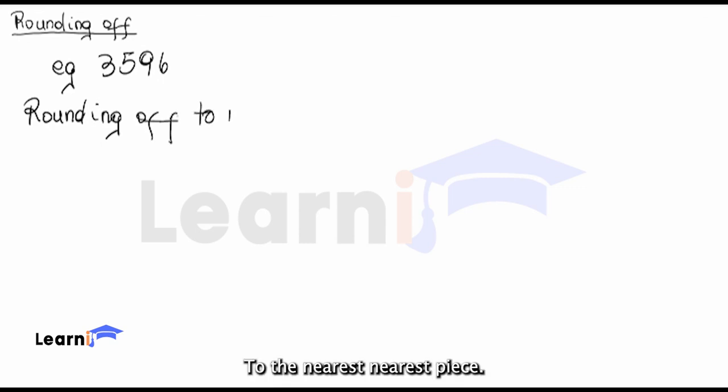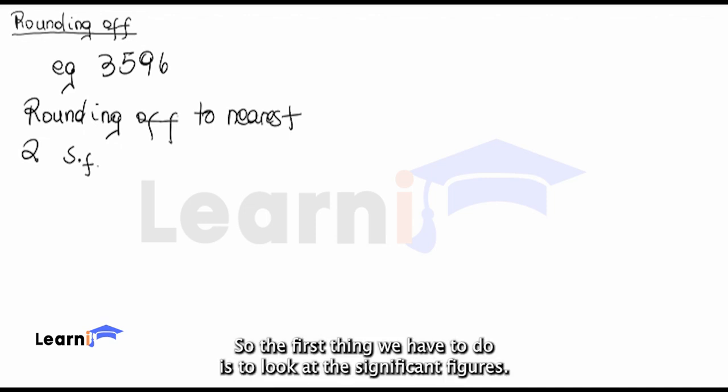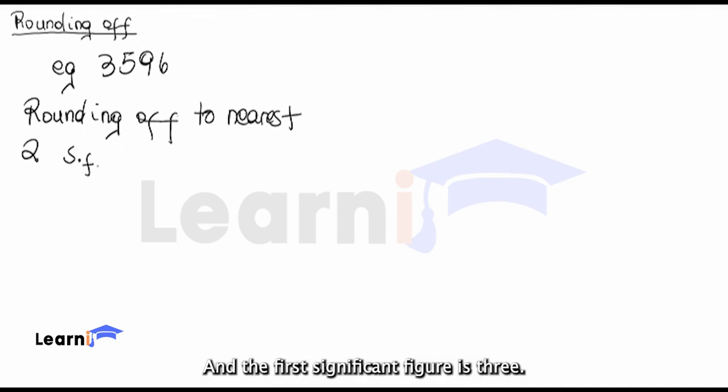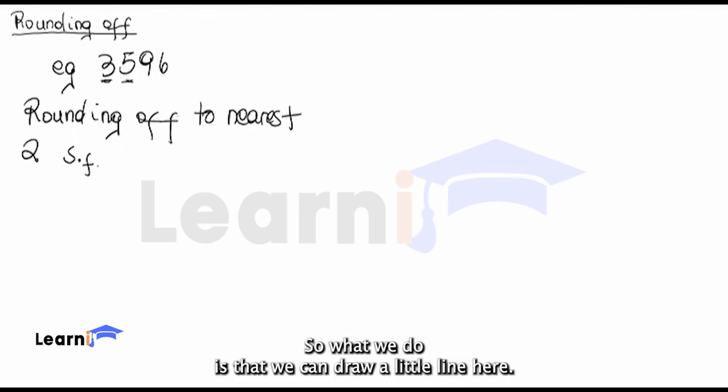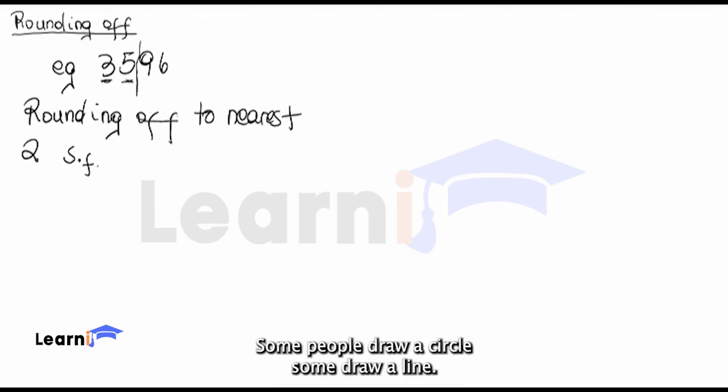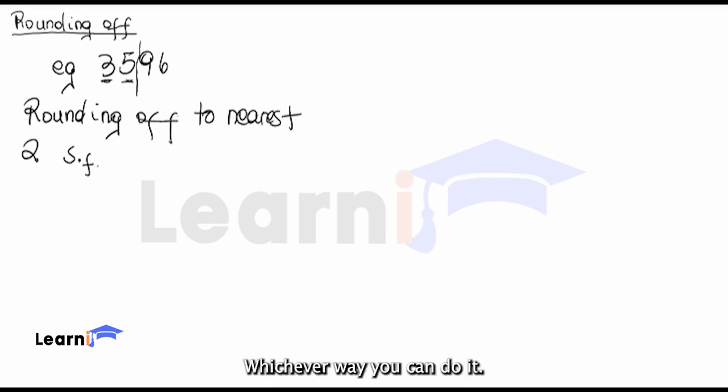The first thing we have to do is look at the significant figures. The first significant figure is 3. The second significant figure is 5. So we can draw a little line here. Some people draw a circle, some draw a line, whichever way you can do it.